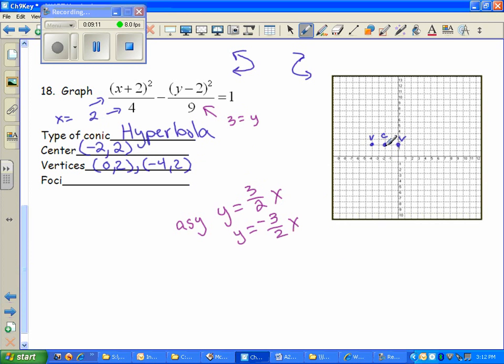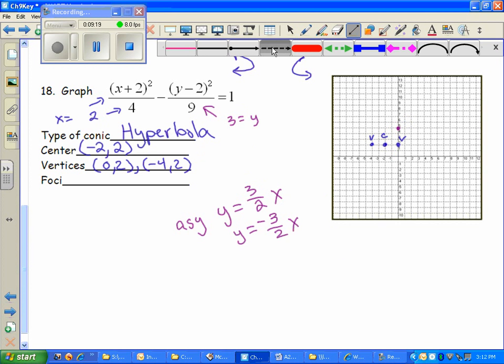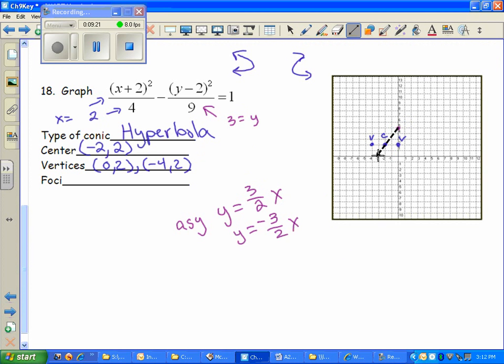And to graph these, you'll start at the center of the hyperbola always. I'm going to go up 3 and over 2, and then I'm going to connect that new dot that I just made with the center and extend it for my asymptote. I'm going to do the same thing with the other one. Instead of going up, I'm going to go down.